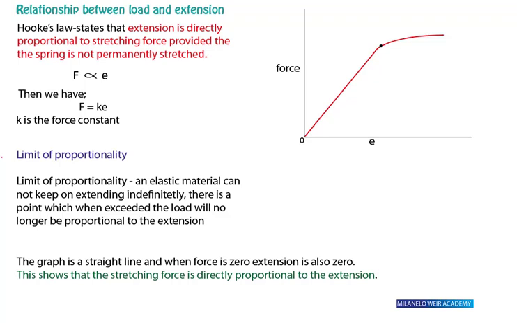Being a straight line, it shows that the force and the extension are directly proportional. When force is 0, extension is also 0, so the graph starts from the origin. So the force and extension are directly proportional.